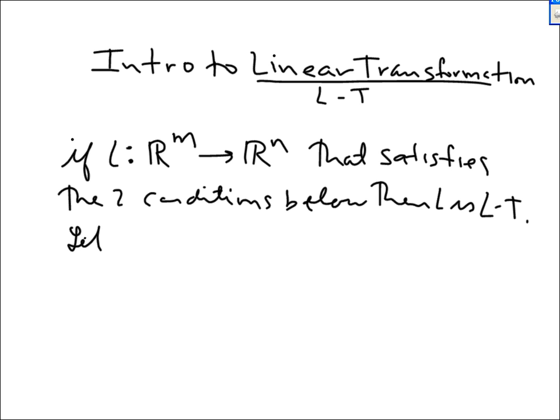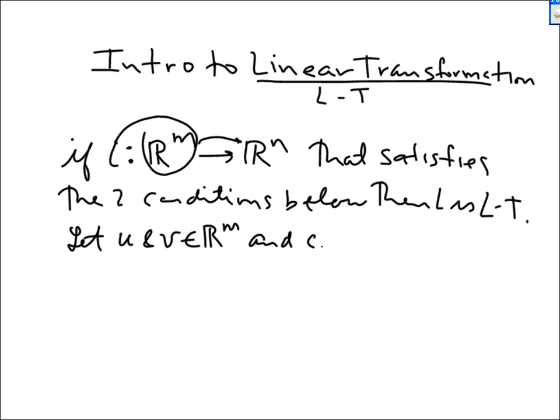First, let's set the premise. Let U and V be in Rm. You take L of things in Rm, and you get things in Rn. And C is any scalar.